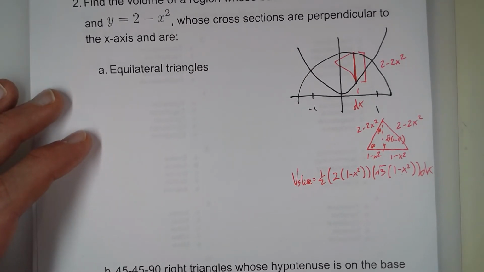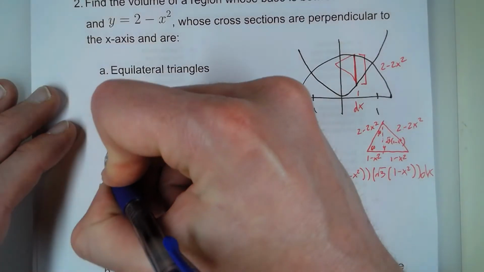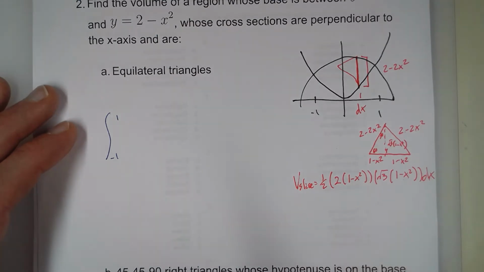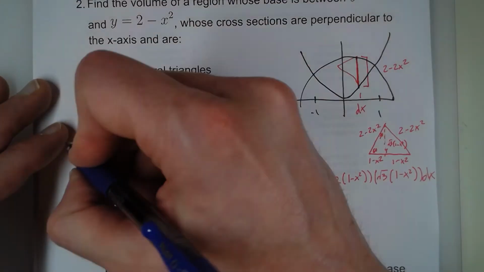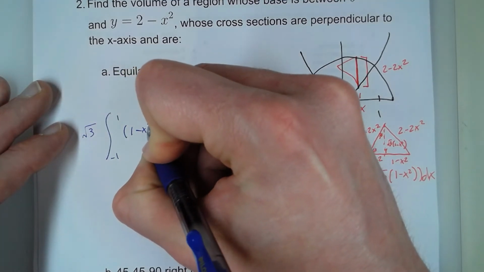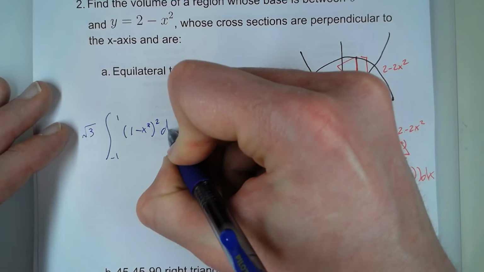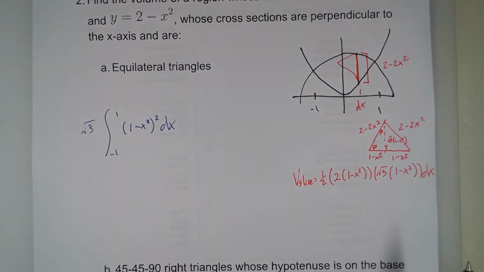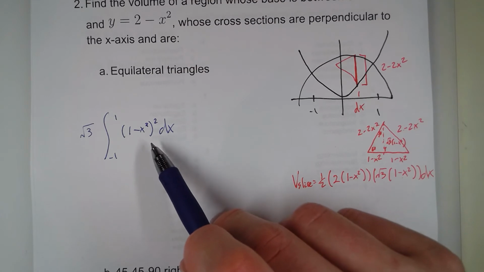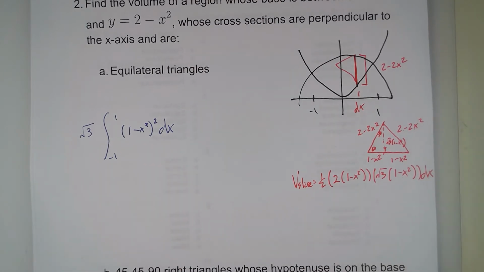So now, when I write the integral, it's going to be from -1 to 1 because I'm adding up all these slices. The 1/2 and the 2 cancel out. The square root of 3 goes out front. And we have 1 minus x squared dx. And do you have to simplify it any more than that? No, you can leave it just like that.